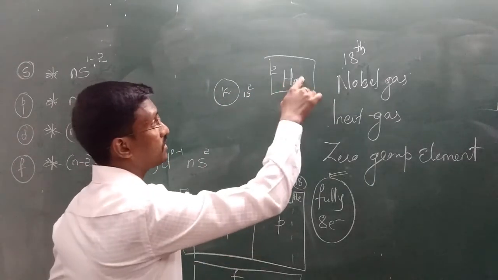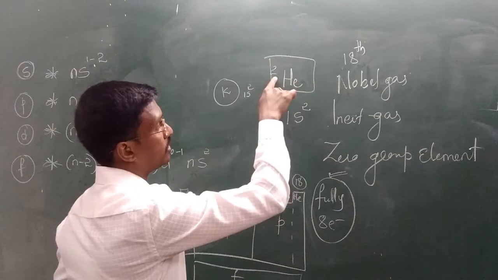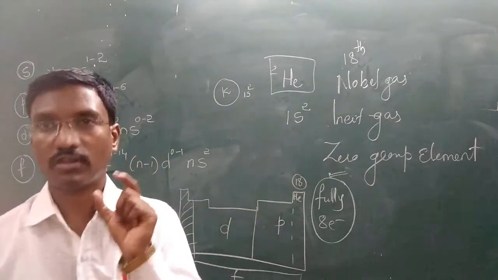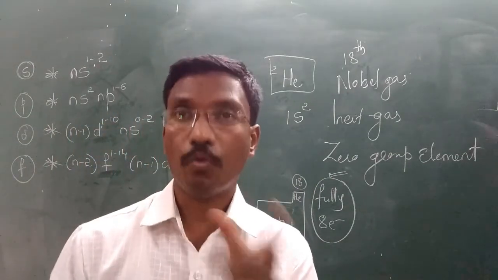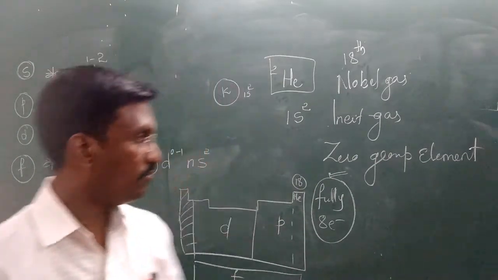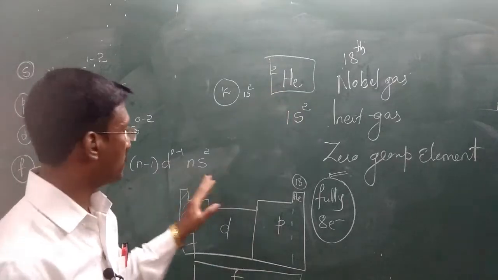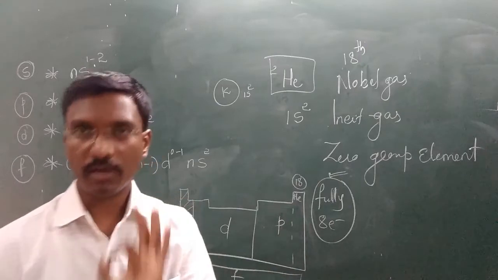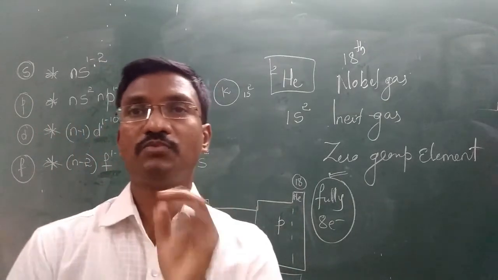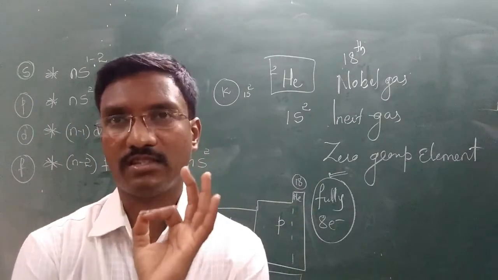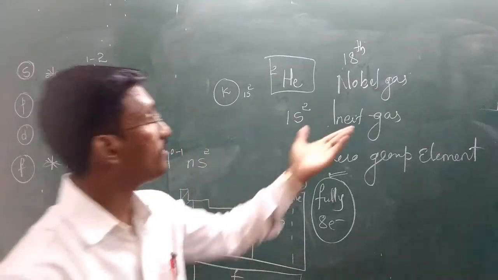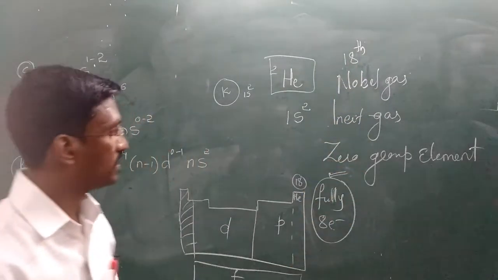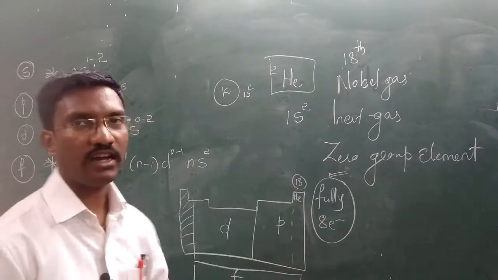Helium has atomic number 2, with 2 electrons, and the first shell is completely filled. For that reason, helium obeys the noble gas property, even though it seems to be a second group element. It obeys the properties of inert gas, so the 18th group contains helium.